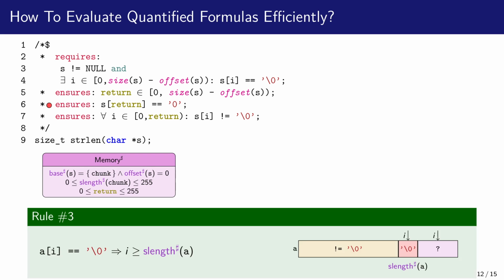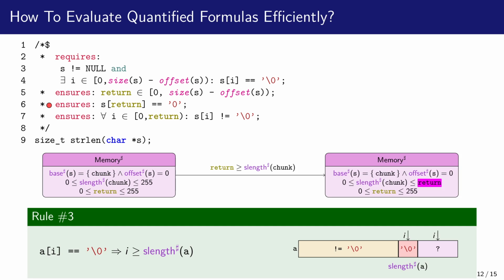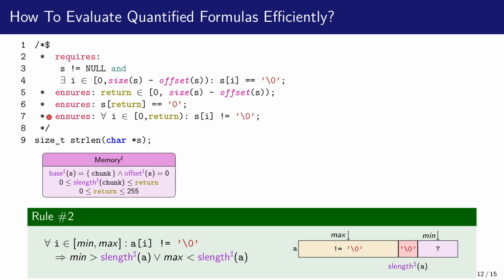And now to evaluate this predicate, the string length domain has also a symbolic rule that says that a byte is equal to 0 if the offset is greater than the S-length variable. So here, if we apply it, we see that the return value of strlen is now greater than the S-length variable.